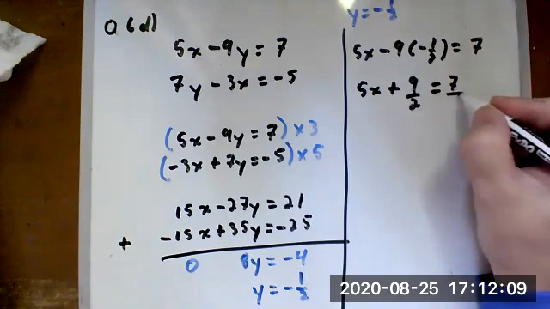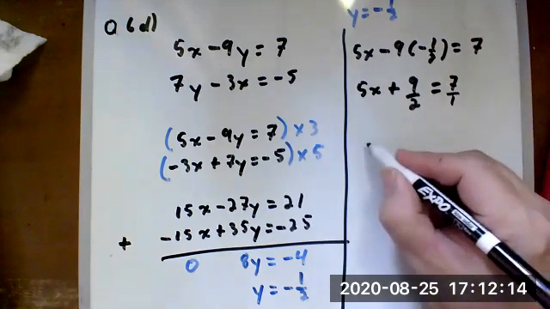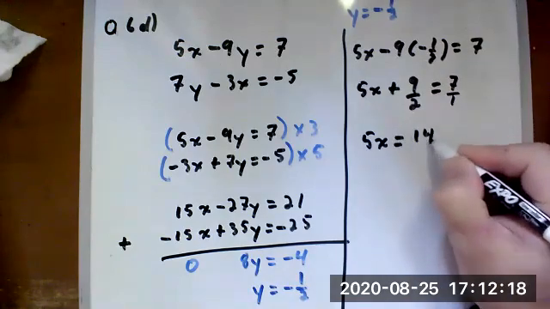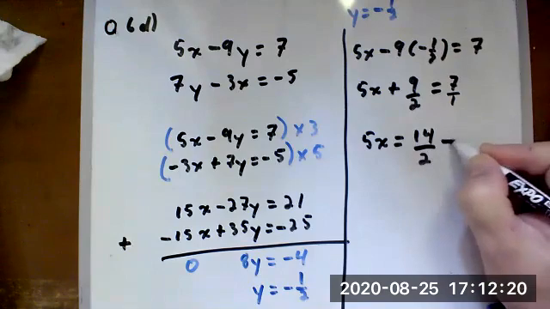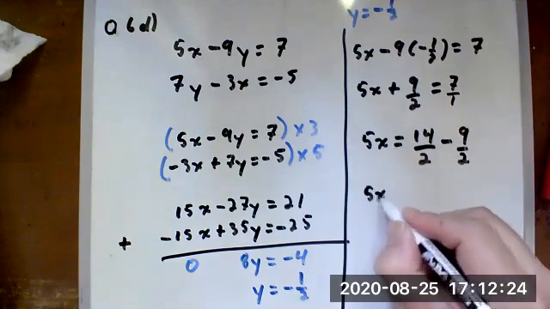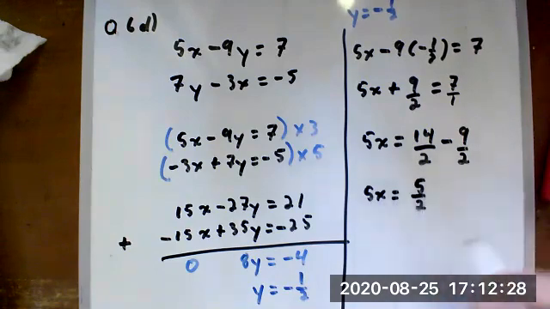At the same time, I will treat my 7 as over 1 and convert it so that we can do our subtraction. So then 5x will be equal to 14 over 2 minus 9 over 2, which is 5 over 2.